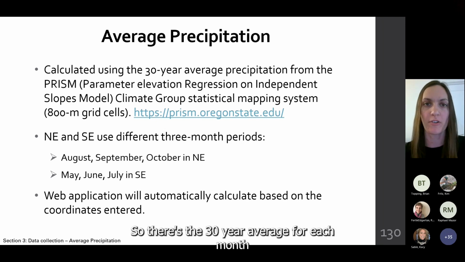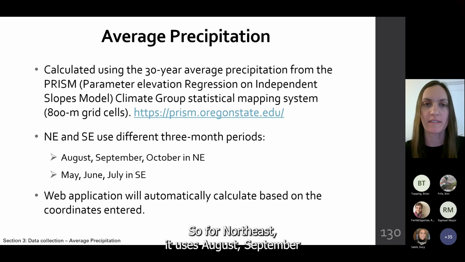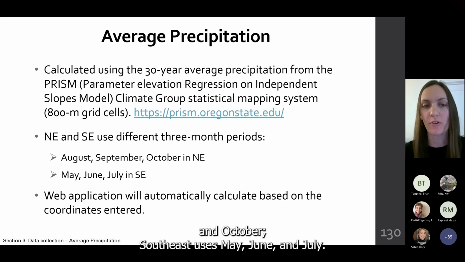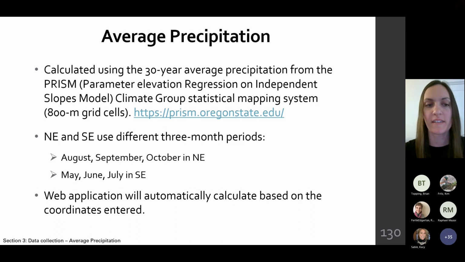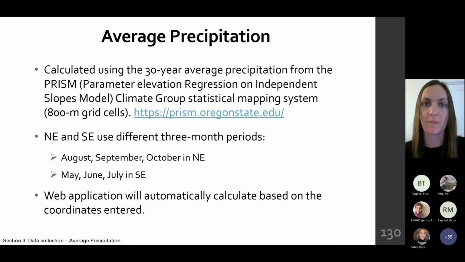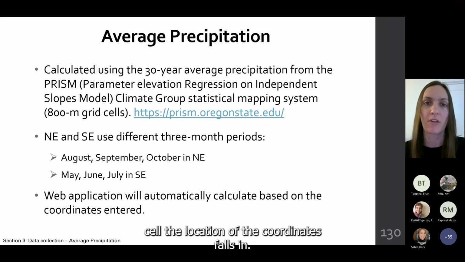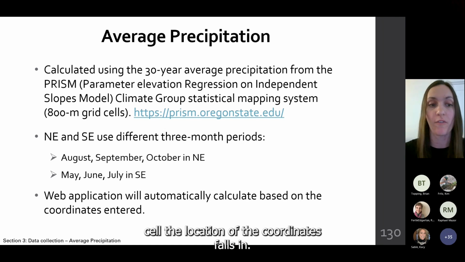The 30-year average for each month is averaged over a 3-month period. For the Northeast, it uses August, September, and October. Southeast uses May, June, and July. And similarly, the web app will automatically calculate the precip value based on the coordinates entered, whichever grid cell the location of the coordinates falls in.